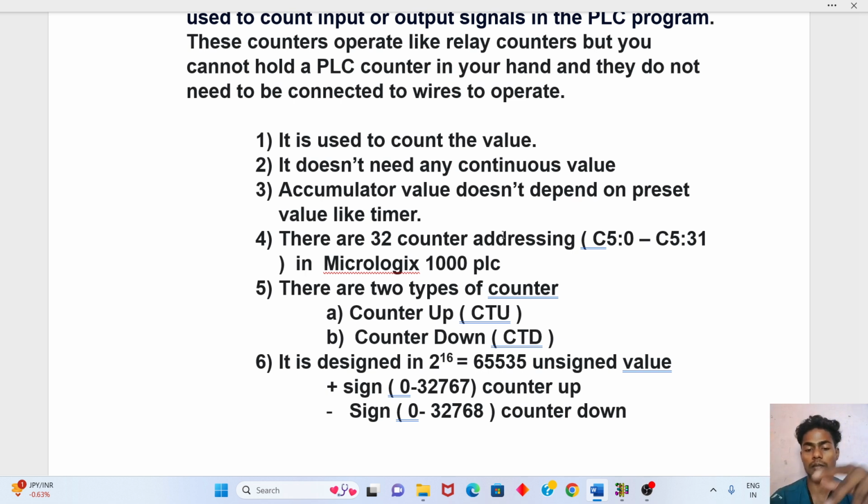Plus sign value and minus sign value: 0 to 32,767 for counter up, and minus sign 0 to 32,768 for counter down. Means signed values are 2 power 16, plus sign 0 to 32,767 and minus 0 to 32,768. The plus ones are used for counter up and the minus ones are for counter down. So engineers, I hope you understand.